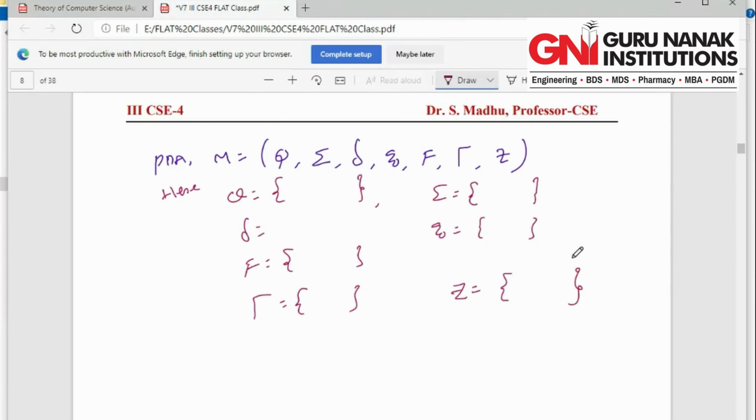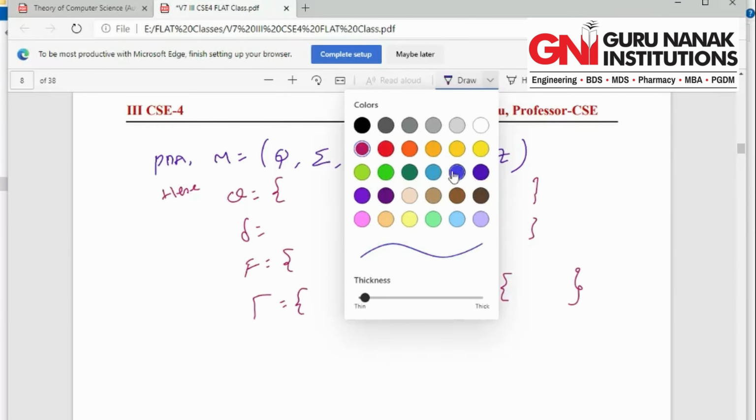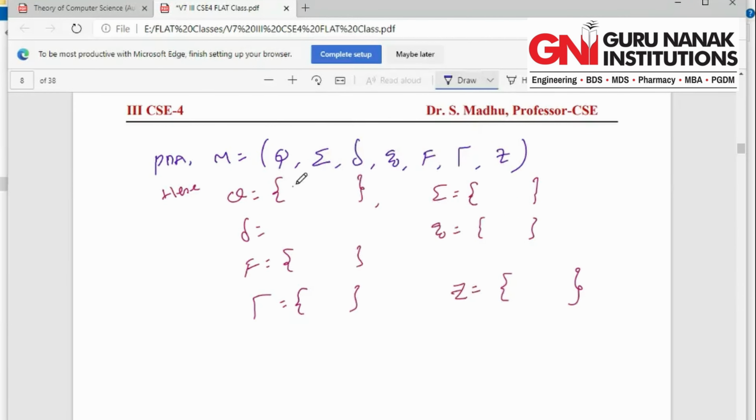What is Z? Tell me what is Q naught? Sir, what is Q? How many states are used? Q naught, Q1, Q2. What inputs are used? Inputs are A, B, C and also epsilon.